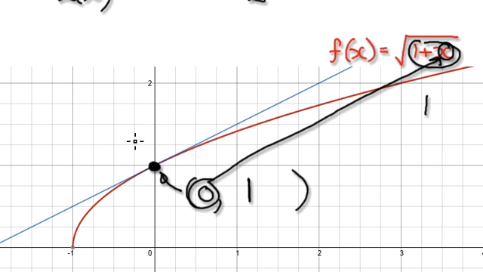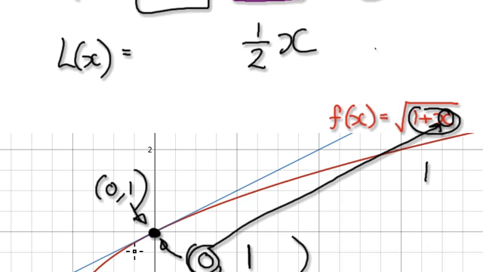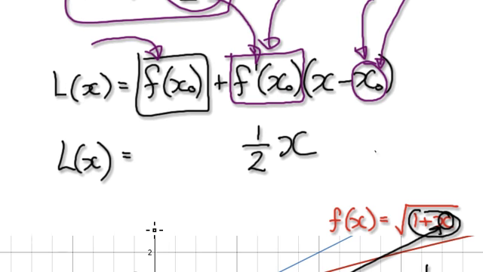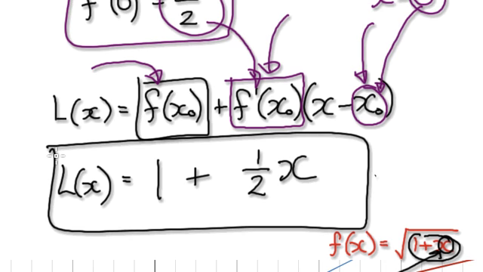So the coordinates at this point are 0, comma, 1. This box here is really the y coordinate of this point, which is just 1. So our equation for our straight line is given by this.